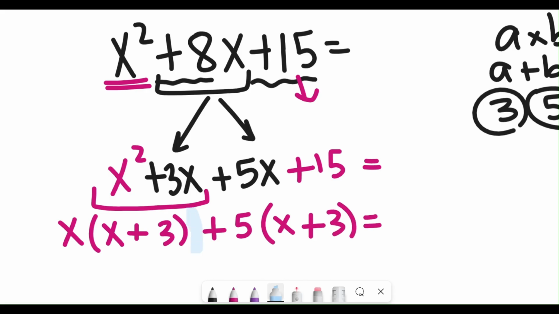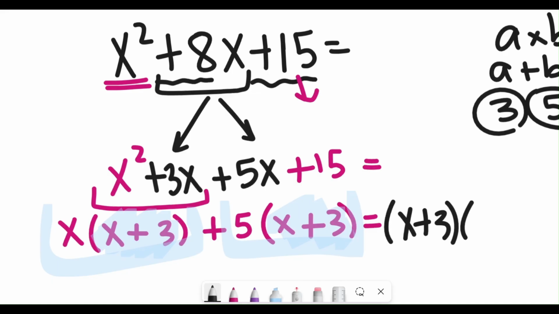Finally, the one on the left side and the one on the right side, what do they have in common? X plus 3, so x plus 3 goes out. Now what's left from the first one when x plus 3 is taken away? We have x left. From the second one, when we take out x plus 3, we have 5 left.